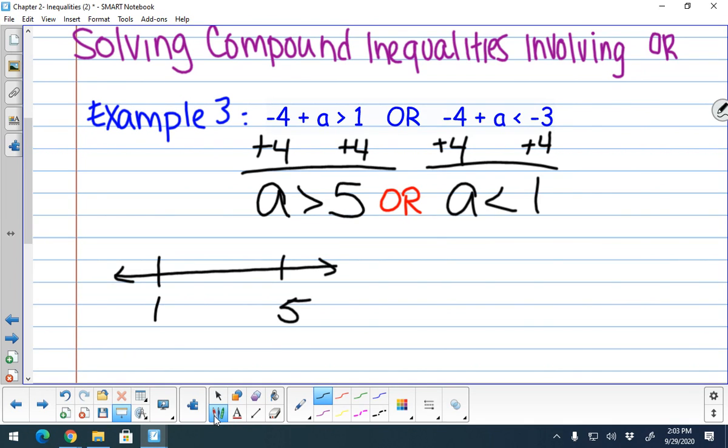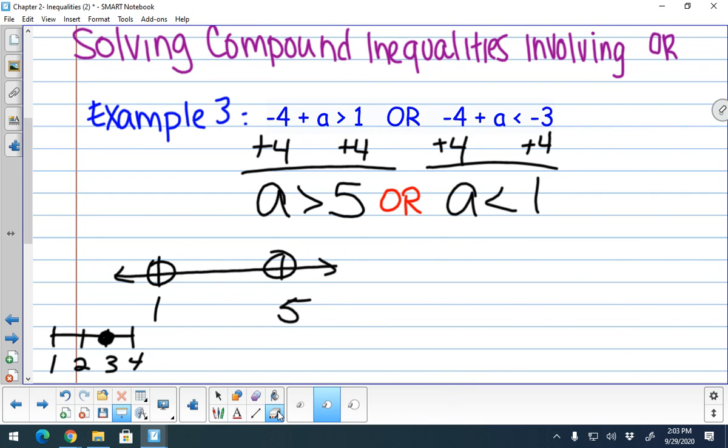Open dots or closed dots? Open. Notice I'm drawing the dots through my number line. They're not floating above it. It's like if I had my number line and I numbered it and I said, plot a point at 3. You would plot the point at 3. That's what we're doing. We're putting the dot on the number line.